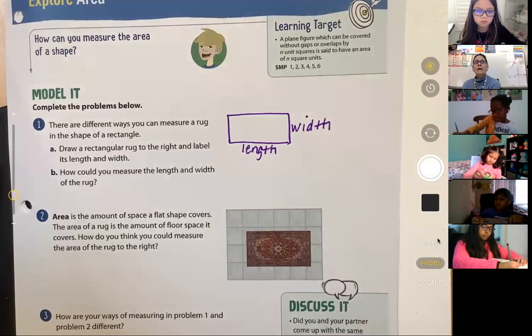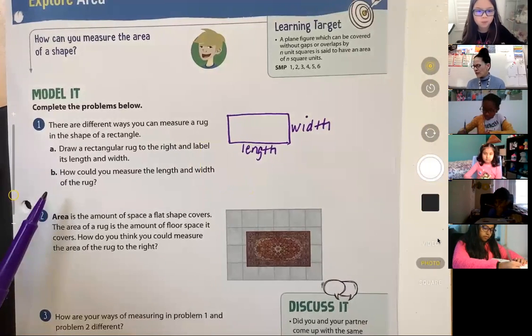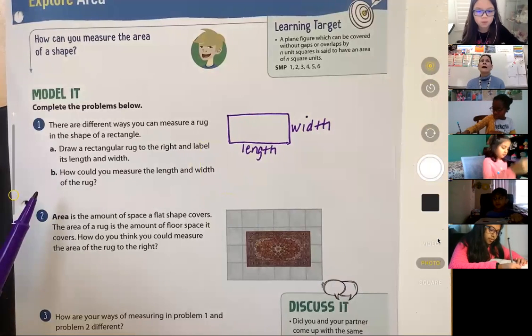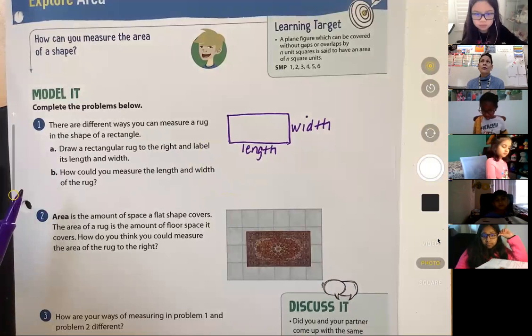That root word being wide, how wide it is, right? And so in question B, it's asking us, how could you measure the length and width of the rug? How could you measure that? Well, one way we could do it is we could simply use a ruler, right?